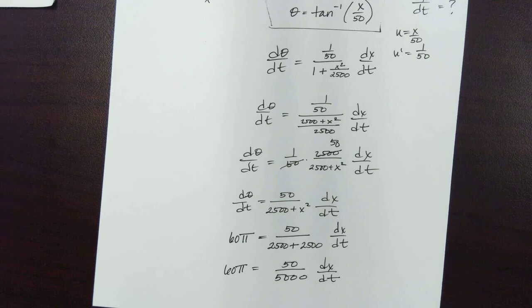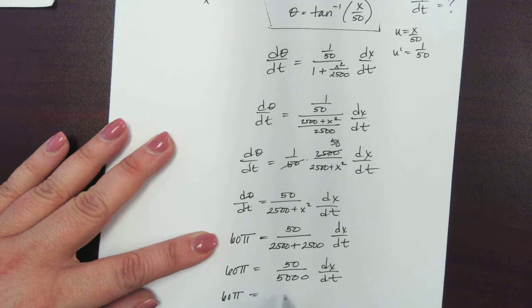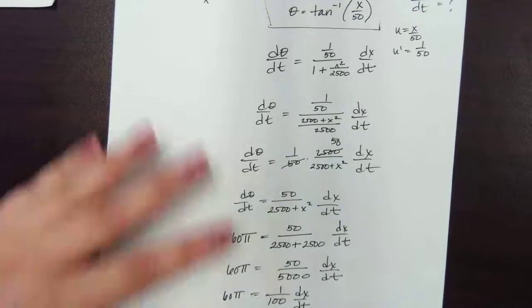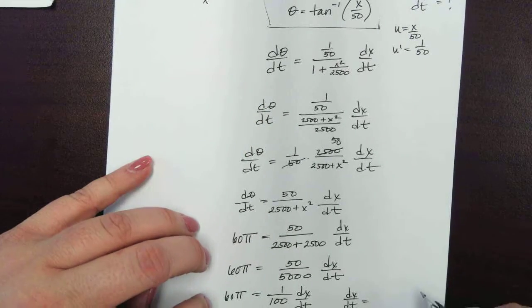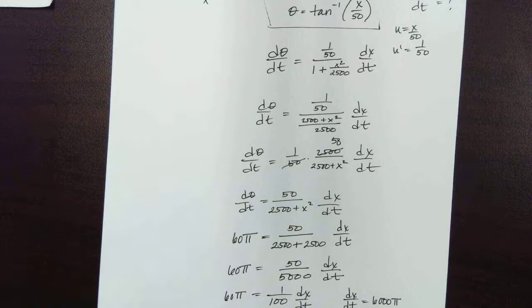I can make that 1 over 100. So 60 pi equals 1 over 100 dx dt. To get dx dt, I multiply by 100. It'd be 6,000 pi. What are my units?